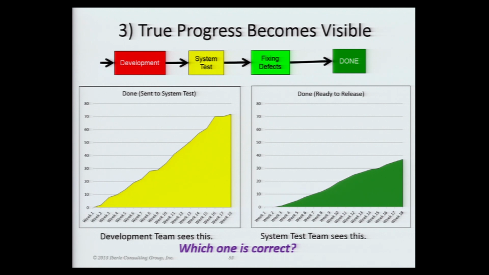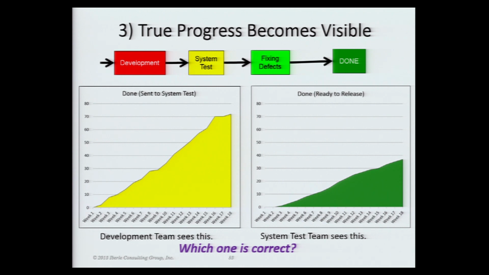So if you ask the development team, how fast are you delivering? They're saying, I'm turning my features over to system test at this rate. This is my done, ready to turn to system test. Really common in agile groups and large organizations to say, done means I'm turning it over to system test. So here's their velocity. System test is saying velocity is this. Which one's right?